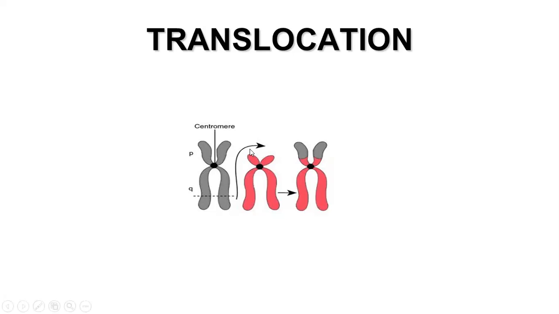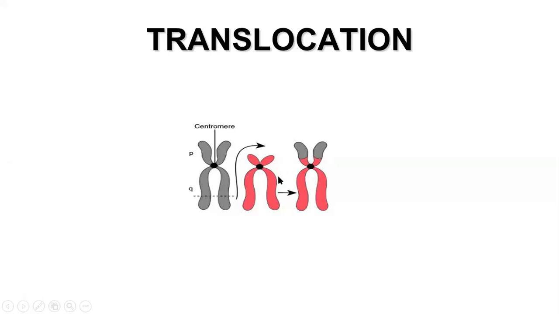So these two are called non-homologous. After translocation, you can see here that the gray color has exchanged the segment with pink color. And you see the chromosome like this, a combination of gray and pink.